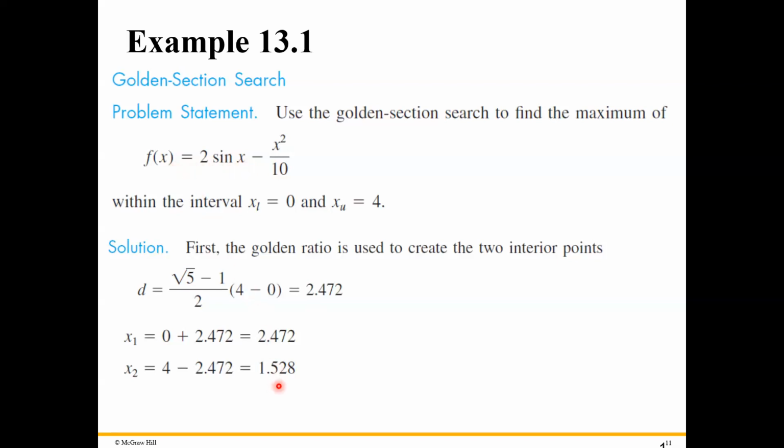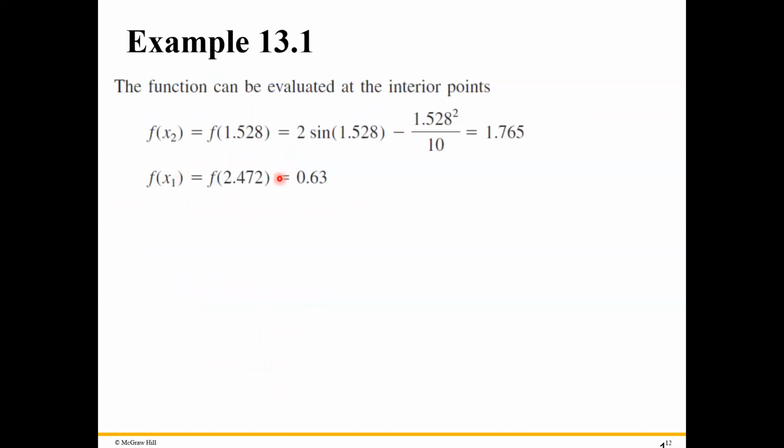Similarly, for the value of x2, we will put the value of 1.528 into this function, then we will find the value of x2. So we will determine the values of f(x2) and f(x1). Now you can see that the value of the function at x2, f(x2), is 1.765.